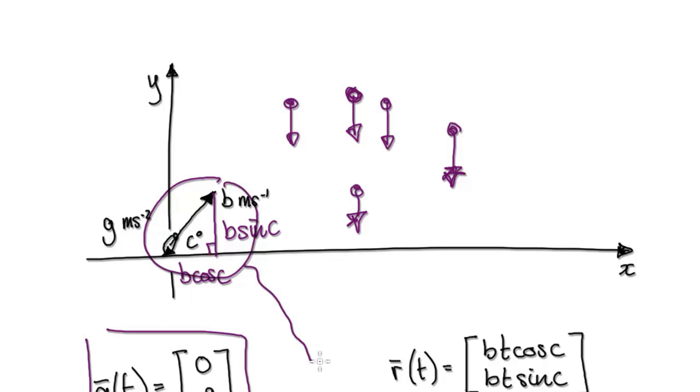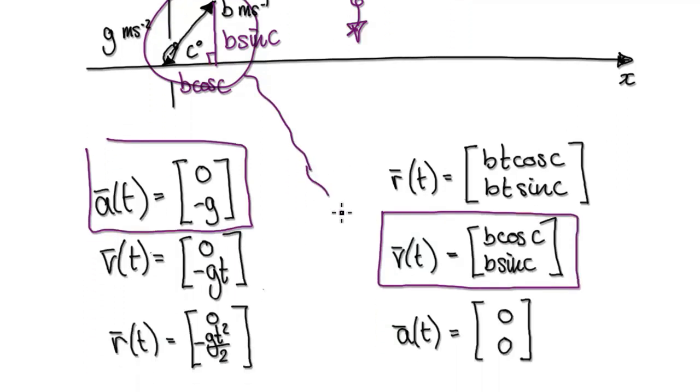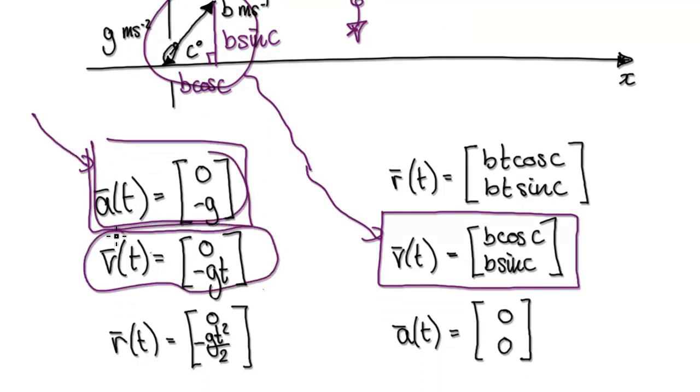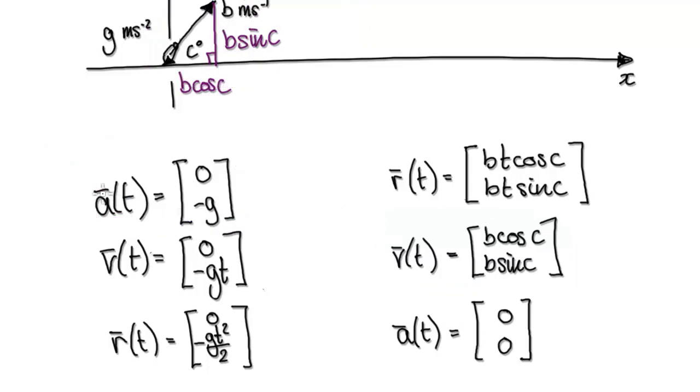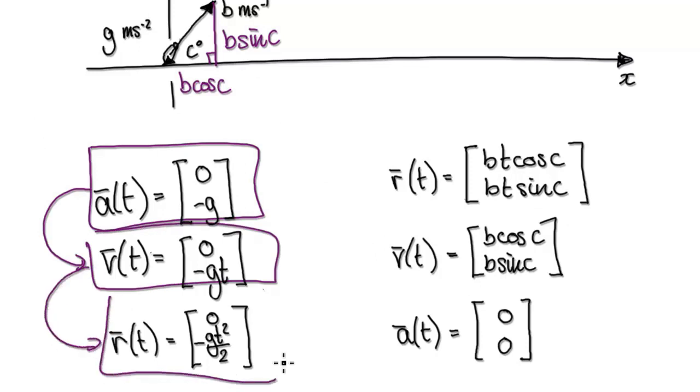When it comes to gravity, it is an acceleration, so we start out with acceleration as opposed to a velocity. If you integrate acceleration, it will give you your velocity vector, and then if you integrate the velocity vector, it will then give you your position vector.